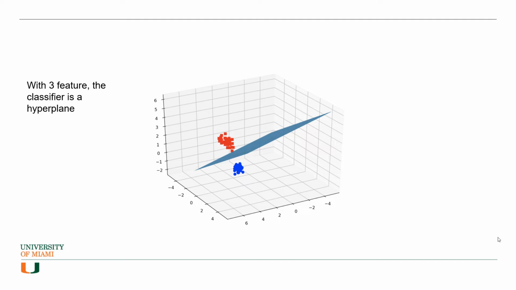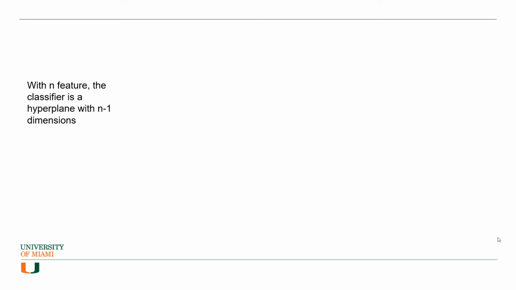The only problem is that it is very difficult for us to visualize. However, the SVM works perfectly fine as you increase the number of features. So you can generalize and say that with n features, the classifier is a hyperplane with n minus 1 dimensions.